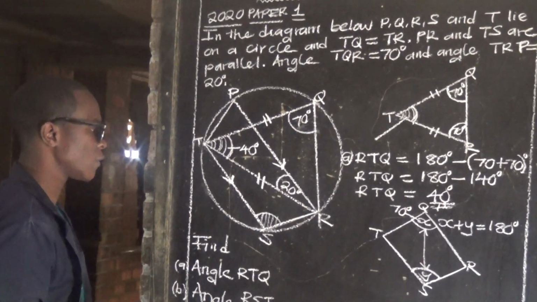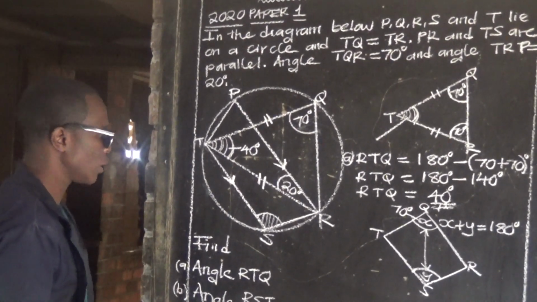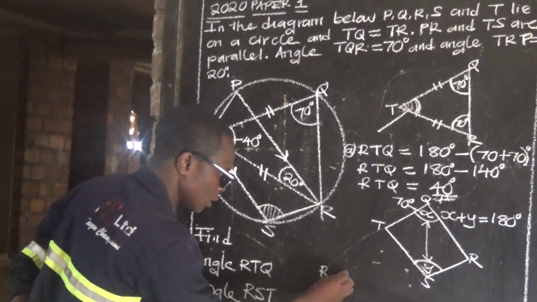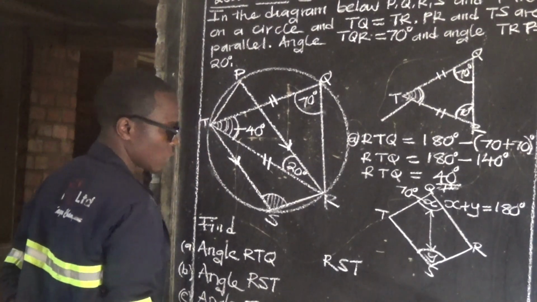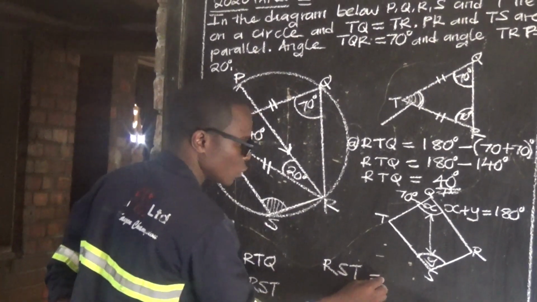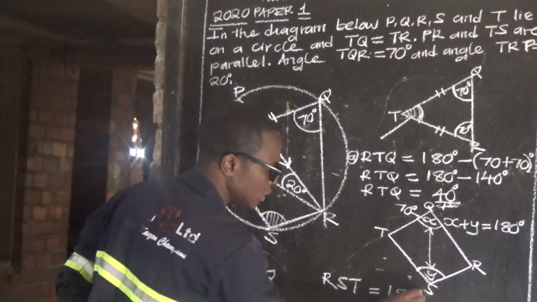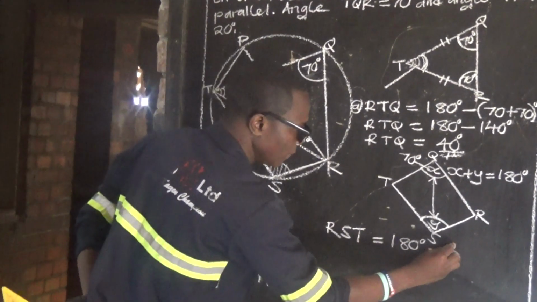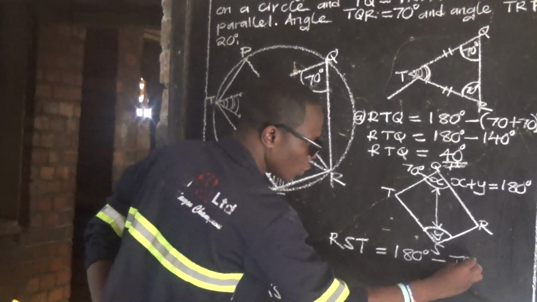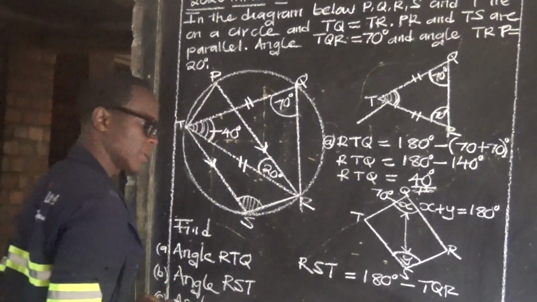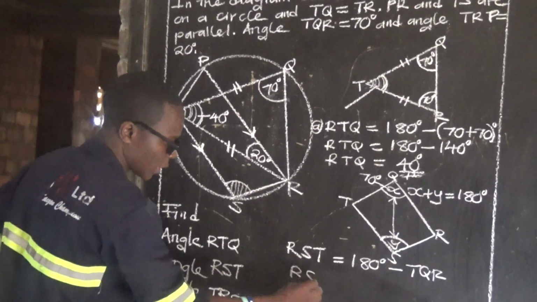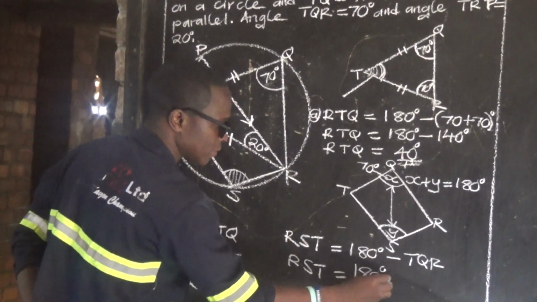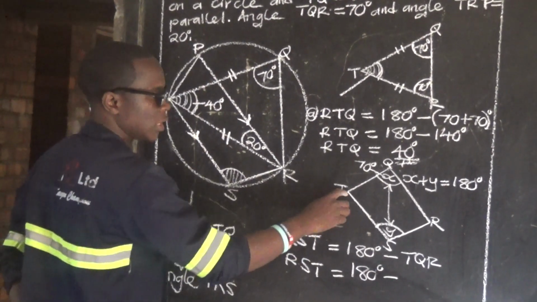So how would you find this angle? We're going to say this angle is our angle RST. So RST is equal to 180 degrees minus angle TQR. What is angle TQR?